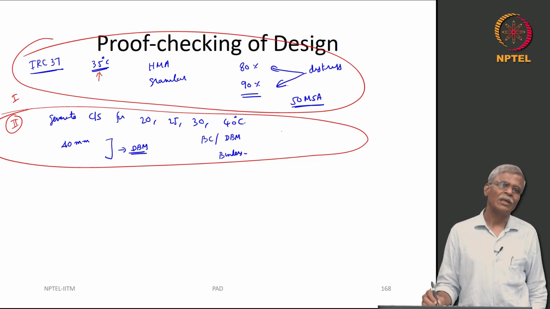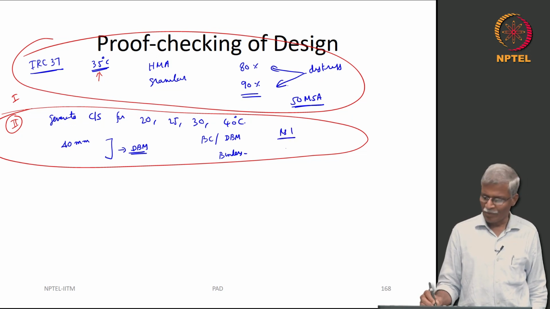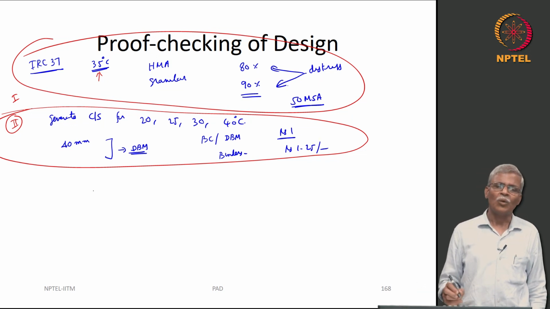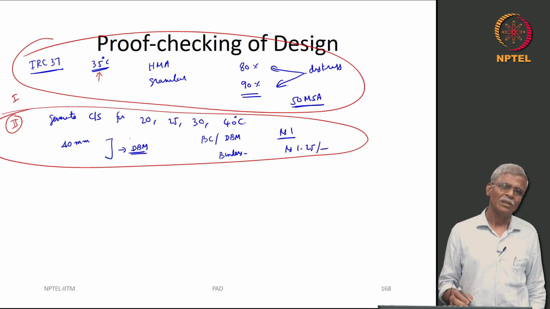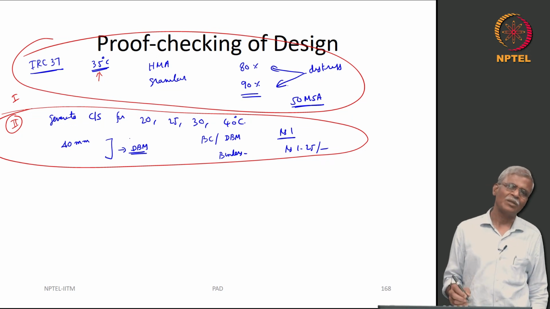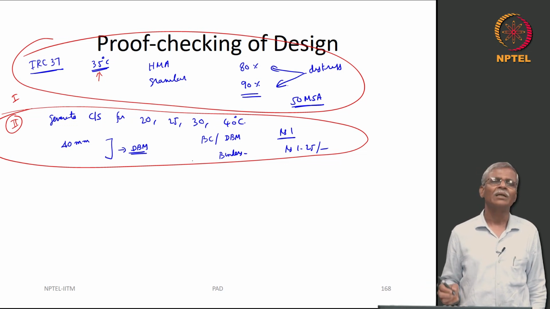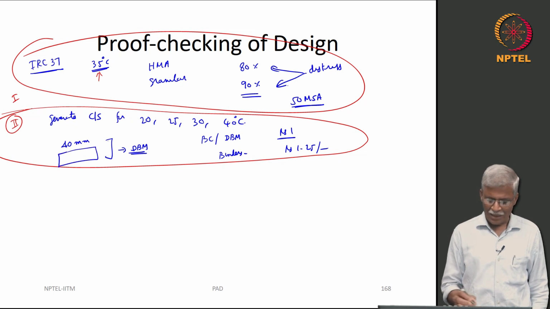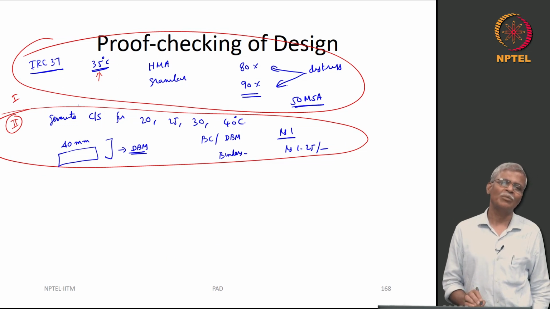In fact, if an unmodified binder has, let us say, a unit cost of 1 rupee, modified binder is going to be 1 rupee 25 paisa, right. So, what you can do is set up an optimization, understand what is the cost of the bituminous binders, you know what is the density of the material, you know the kilometer cost, you can do the cost calculation, and then use the cost calculation and try and see what is the different level of layer thickness that could be used for DBM layer or BC layer.